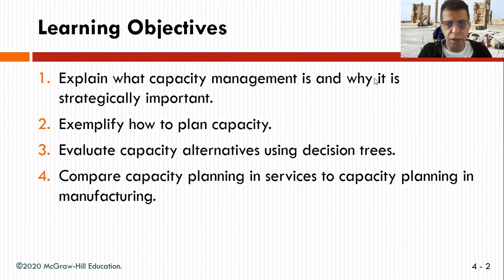We will evaluate the capacity alternatives using the decision tree, which is a very interesting one. So we will be talking about it more in this chapter. And we will compare capacity planning in service to capacity planning in manufacturing.